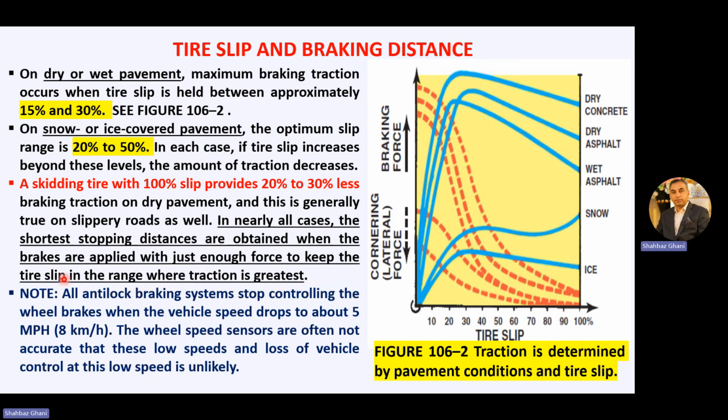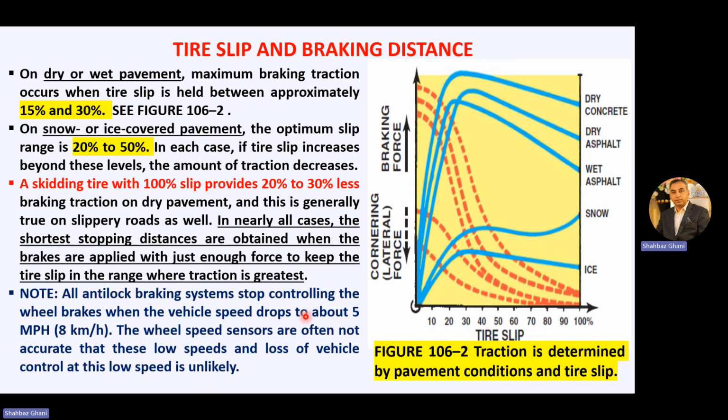Note, all anti-lock braking systems stop controlling the wheel brakes when the vehicle speed drops to about 5 miles per hour or 8 kilometers per hour. The wheel speed sensors are often not accurate at these low speeds, and loss of vehicle control at this low speed is unlikely. So this is a limitation of your ABS.